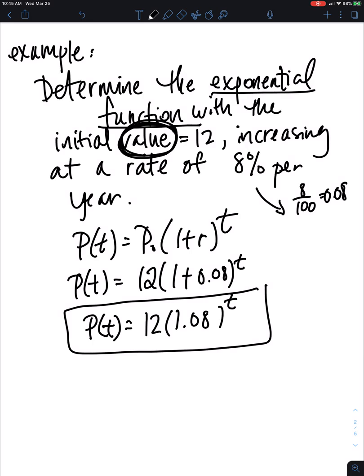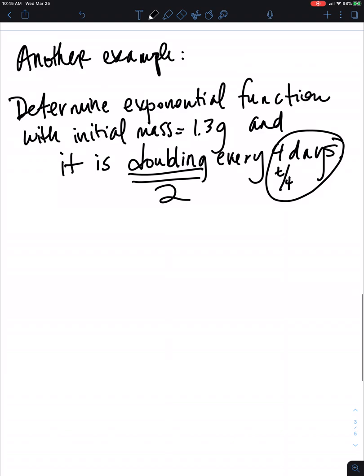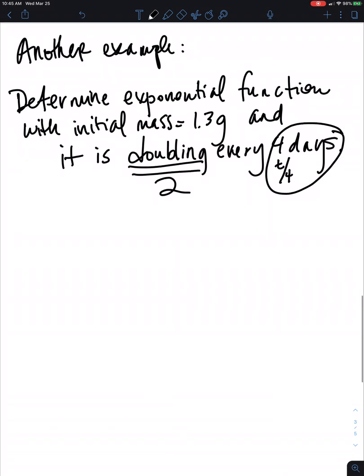Okay, so then some of the other problems, this is called radioactive decay, and they actually measure time, I believe in weeks. I'm sorry, I'm not really sure. And so the equation is the same, they just say it a little bit differently. Okay, so I actually already wrote on this, my little notes for myself, but determine an exponential function with initial mass, so we know the initial, and it's doubling every 4 days.